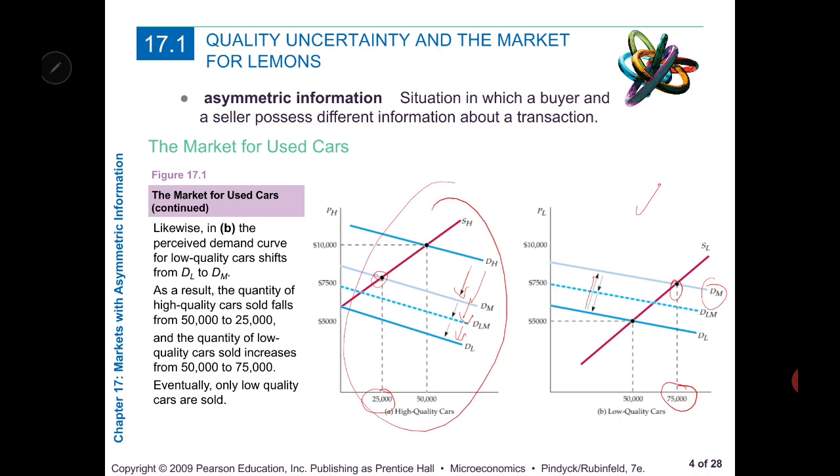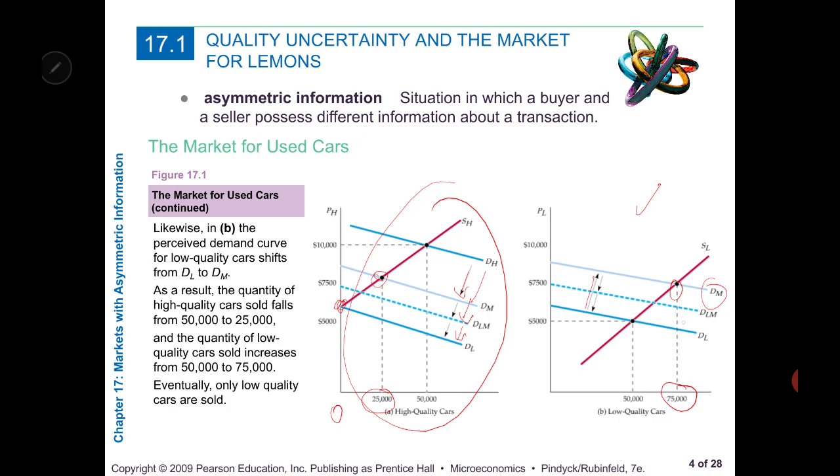They keep on pushing until there are no more high quality cars and the demand becomes zero. They are not willing to pay, so there's no supplier who wants to sell high quality cars in the secondary market either.